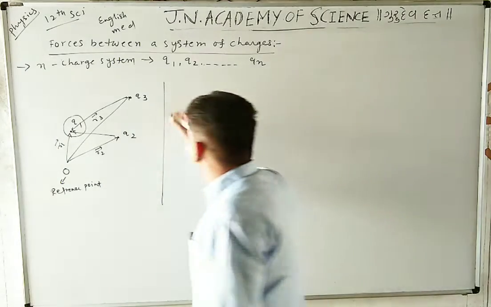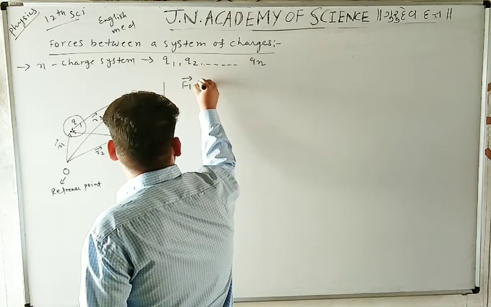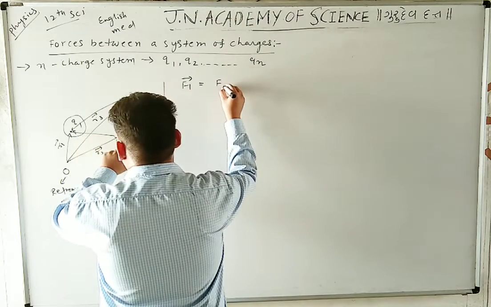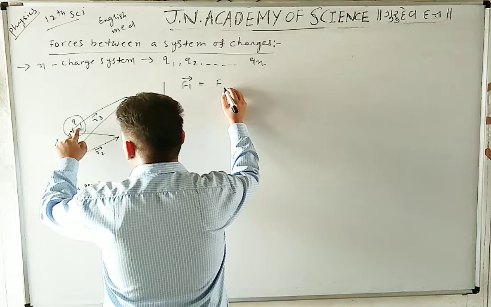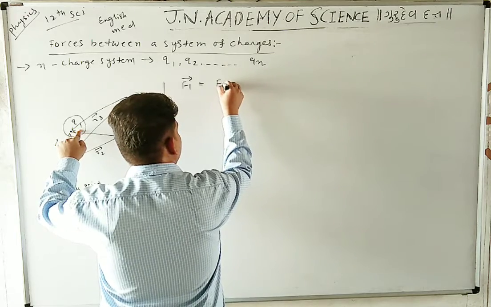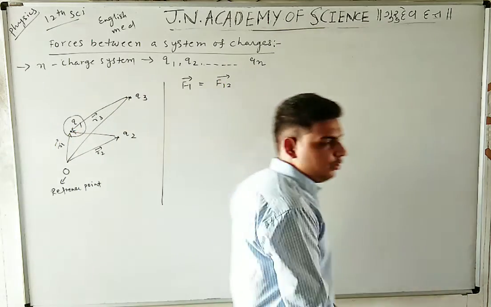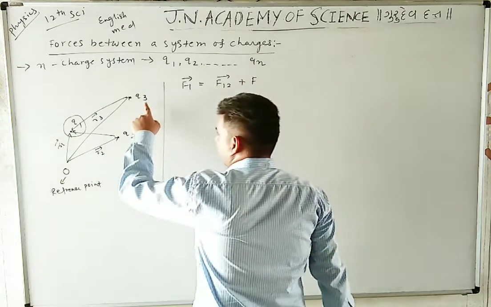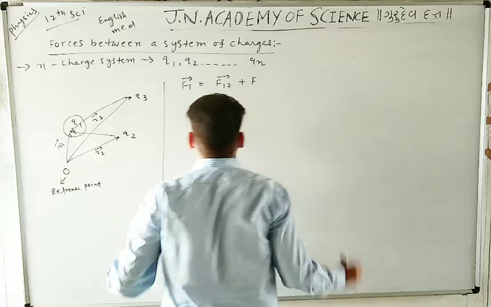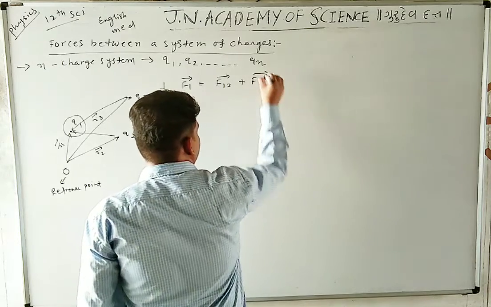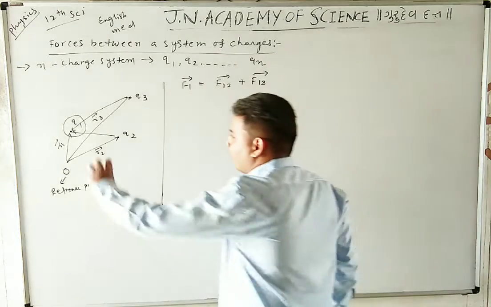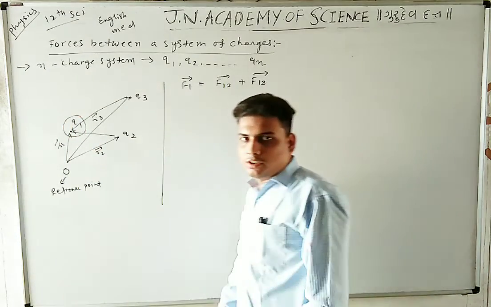The force due to Q2 on Q1 will be F12, and the force due to Q3 on Q1 will be F13. This is how we can find the force on Q1.